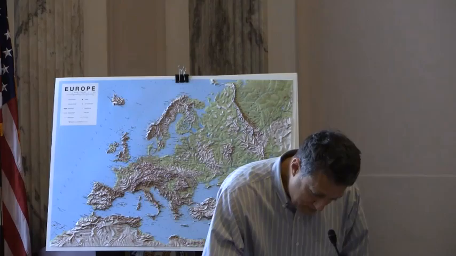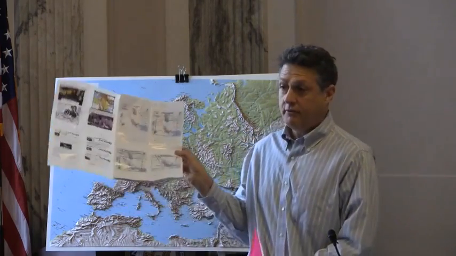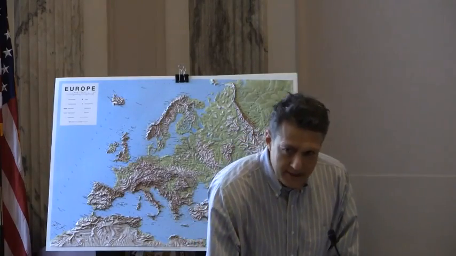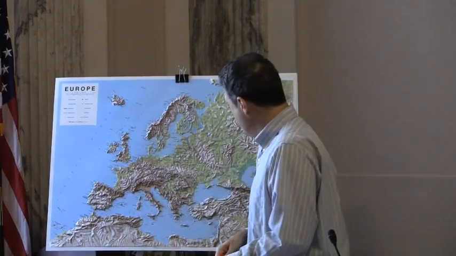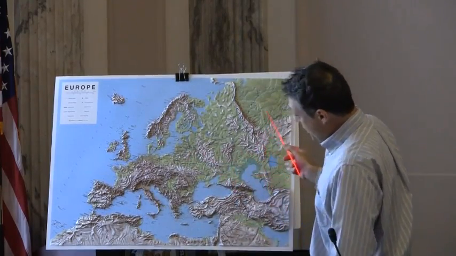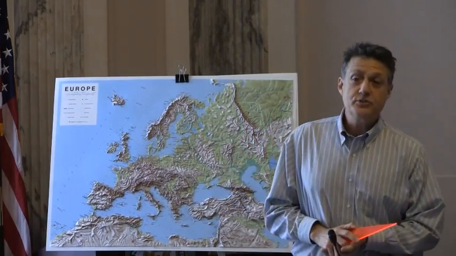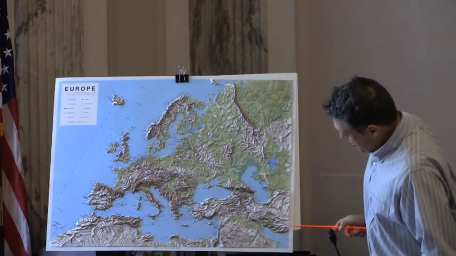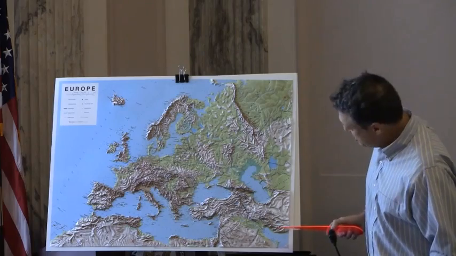So let's go to page 9 of the handout. Now, page 9 of the handout, what struck me is when you look at the topography of the Middle East, this is the Zagros Mountains.